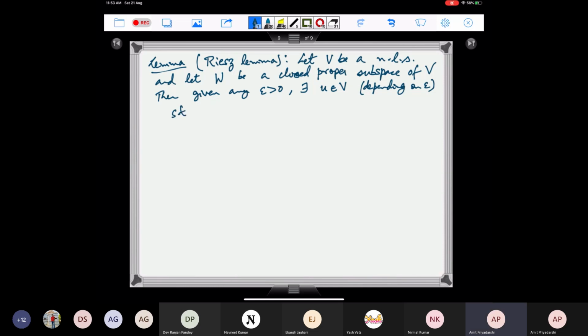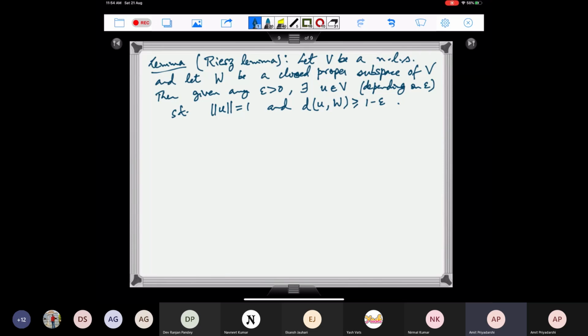Such that U is a unit vector, so norm U is equal to 1, and the distance between U and W is greater than or equal to 1 minus epsilon. Right. So what this is saying is that if you take any proper and closed subspace, then you can find a unit vector in V such that its distance is bigger than or equal to 1 minus epsilon for any epsilon positive.